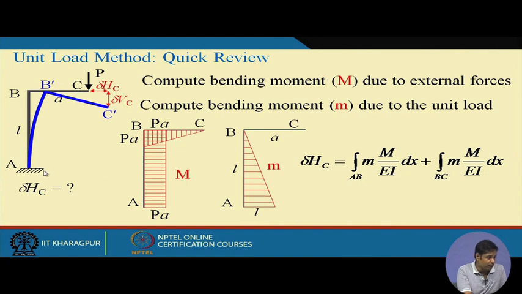E is the Young's modulus, I is the second moment of area. Since in this frame we have two components, AB and BC, the integration has to be done on the entire structure, but it can be divided into several parts, means the integration can be done over each member and then summed.